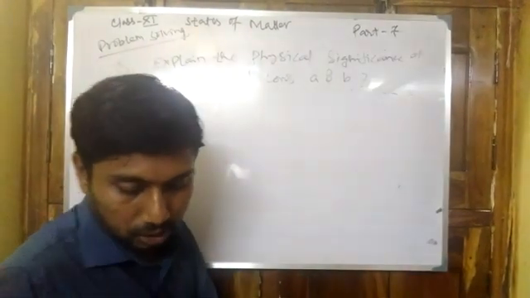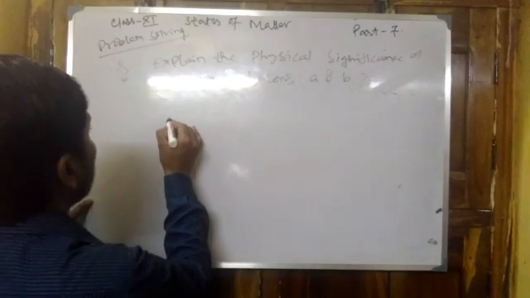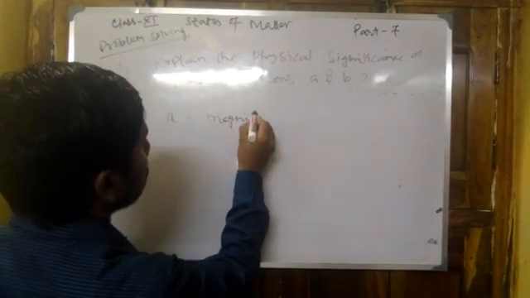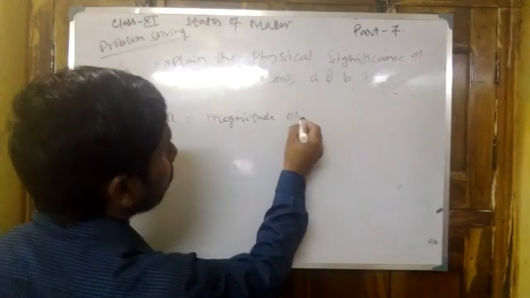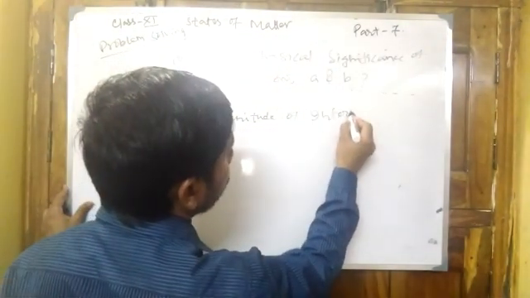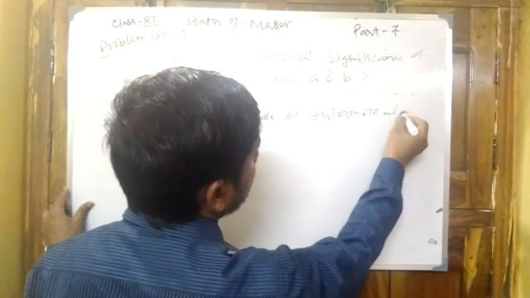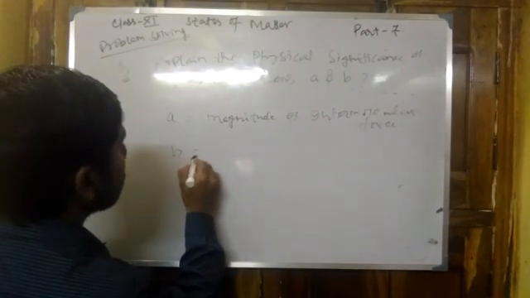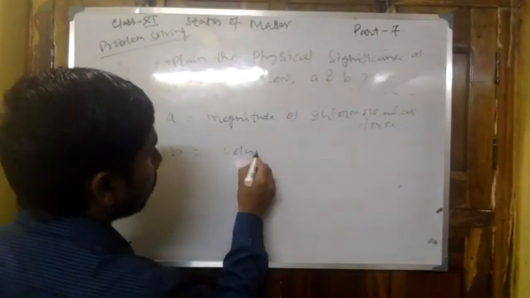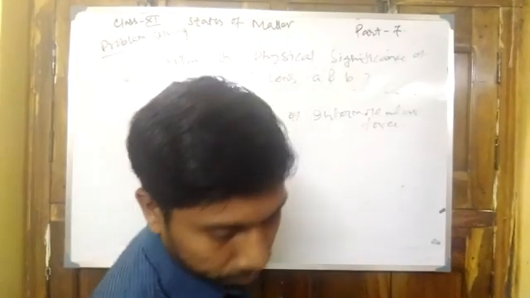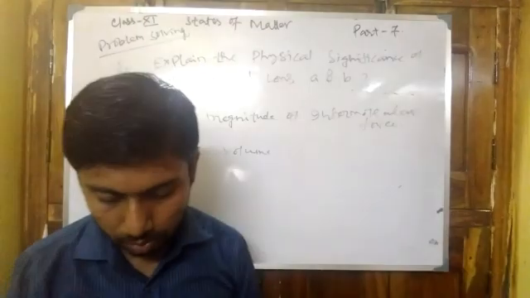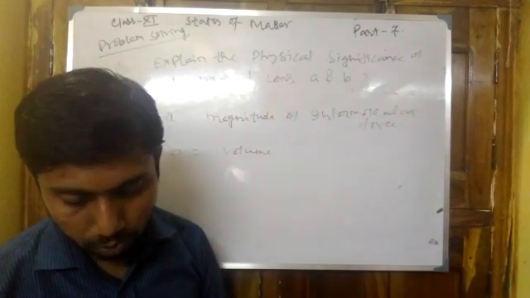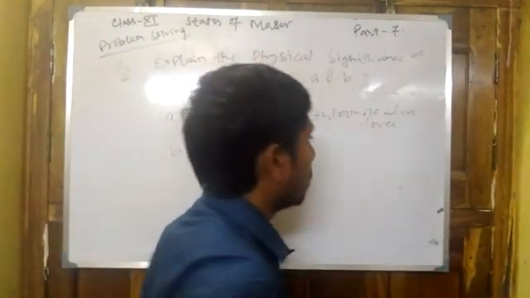So a is the magnitude of intermolecular force, and b is the volume, or the residual volume.